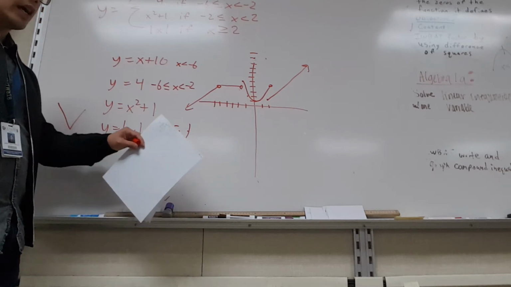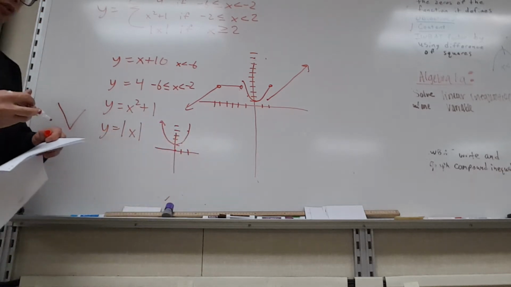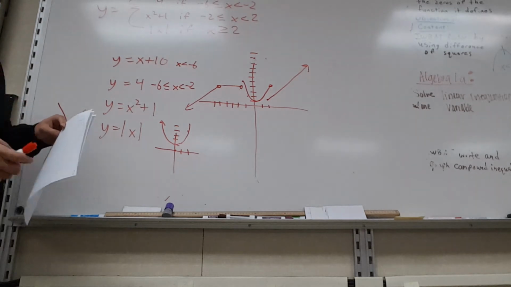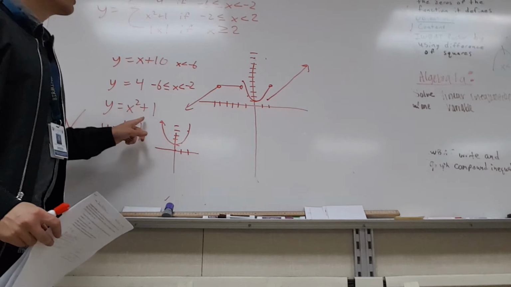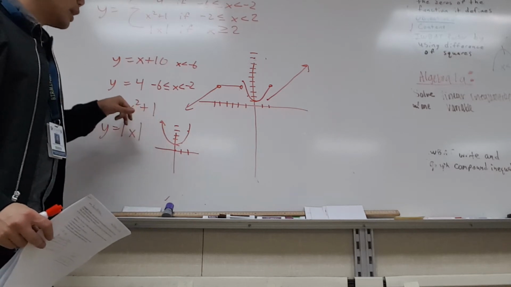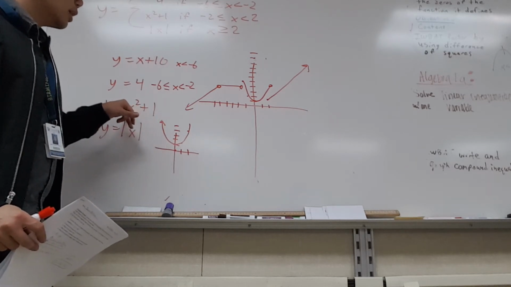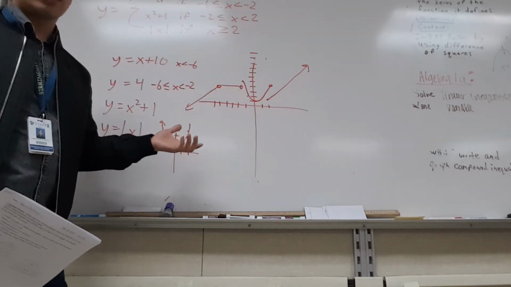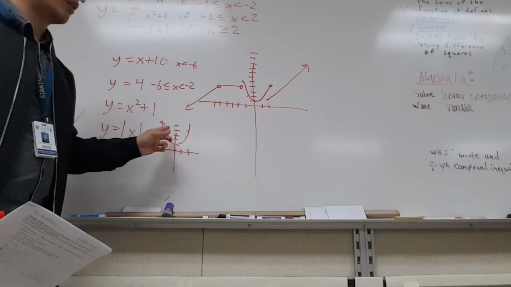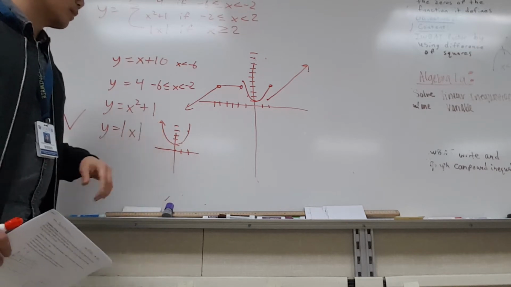Now, if that's a little confusing for you, you could also just take these as your endpoints, right? And plug the endpoints in to find the y values, but you still have to know what the graph looks like to fill in the rest of the graph. Okay?